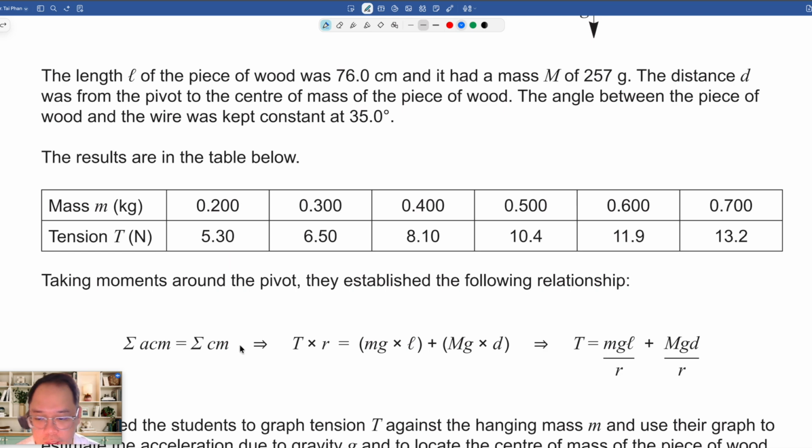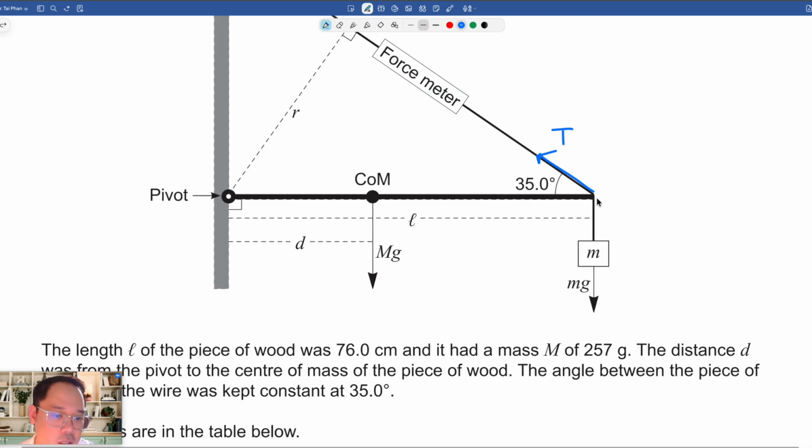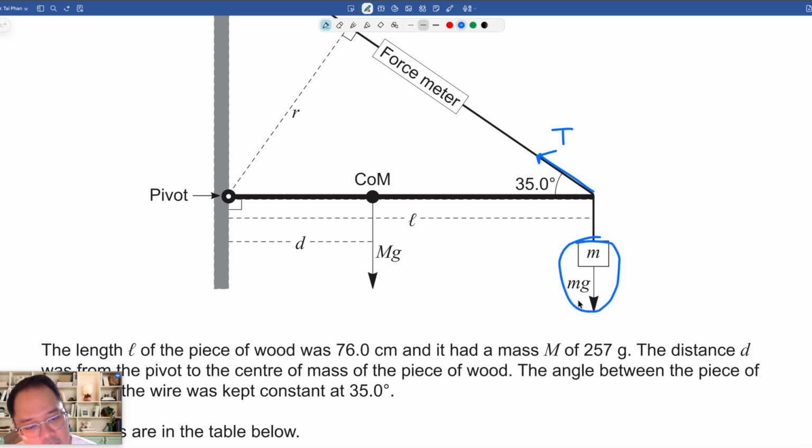The two other clockwise moments are the moment of the mg. The weight mg is actually the gravity that the earth pulls with mass m down. But the force that this small mass pulls the piece of wood down, we use the red color. This force pulling down, let's call Fd, is equal to mg. They are two different types of force, but they have the same magnitude.